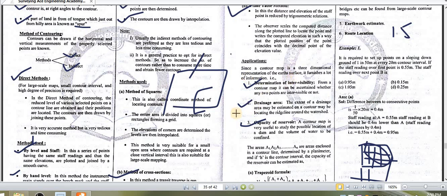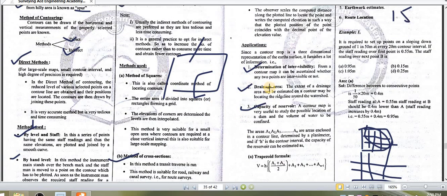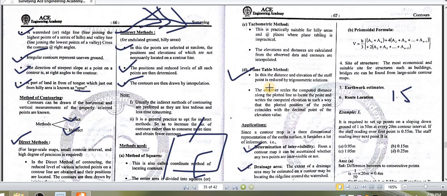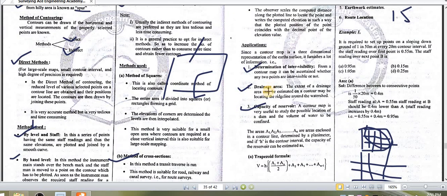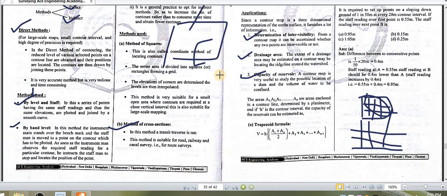For that you require your contour map, and the capacity of reservoir. So based on the depression of your topography, you can easily choose the location for your dams and other water body structures. Okay. So this is about contours.